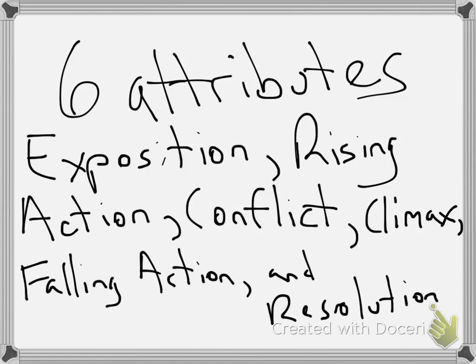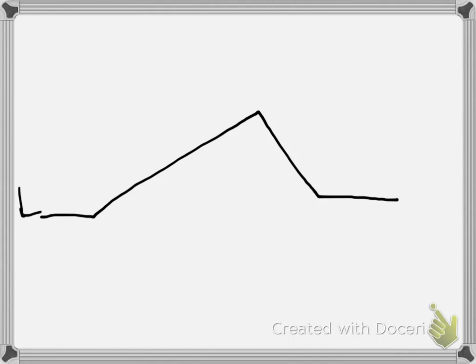Alright, so the best way to look at this is looking at a plot diagram or structure. I call it the plot triangle. So start by making a straight line right here. Go up, it's a weird angle, down, and another straight line. So it starts off with the exposition. Then we have rising action.